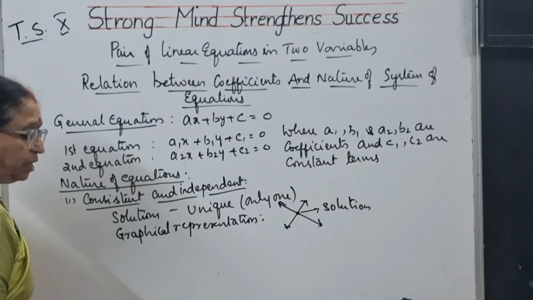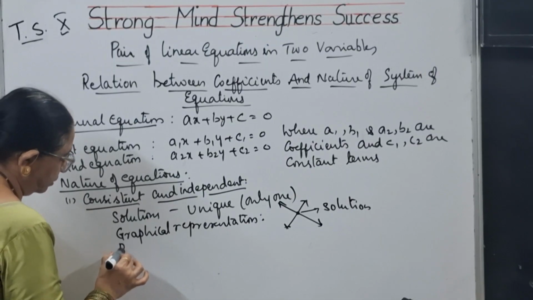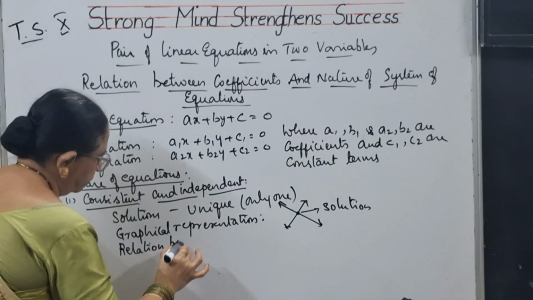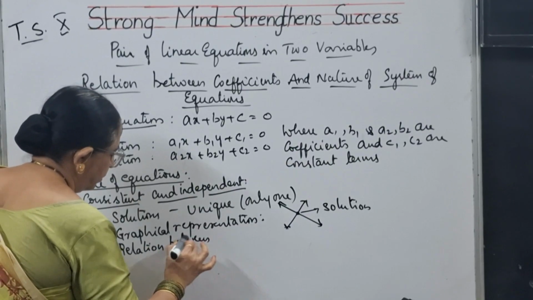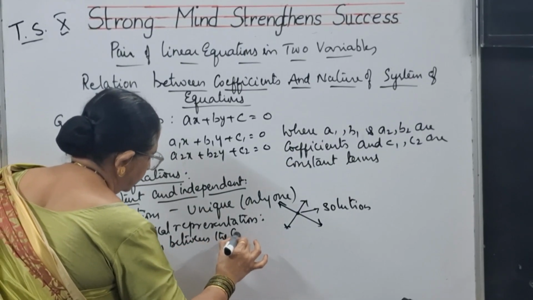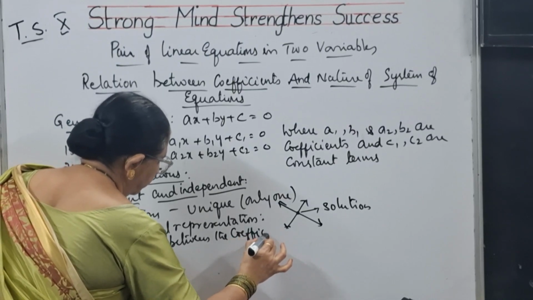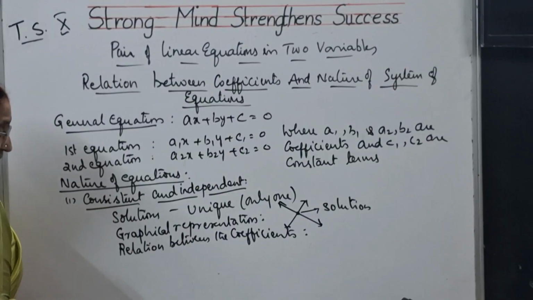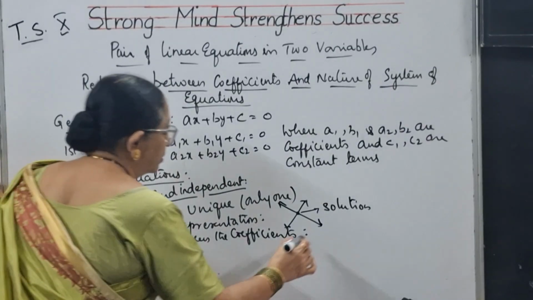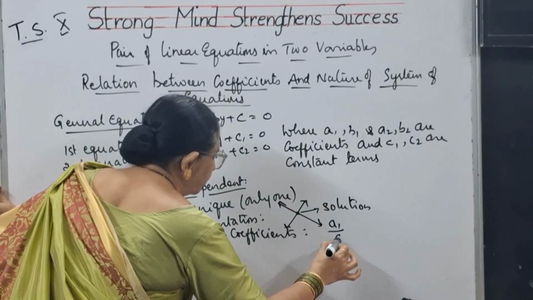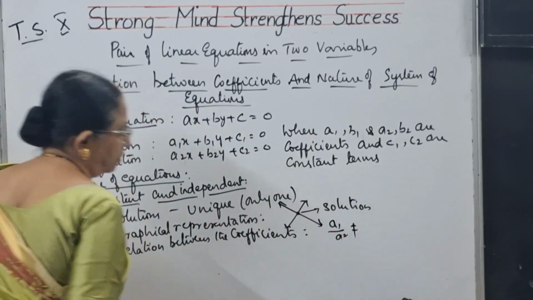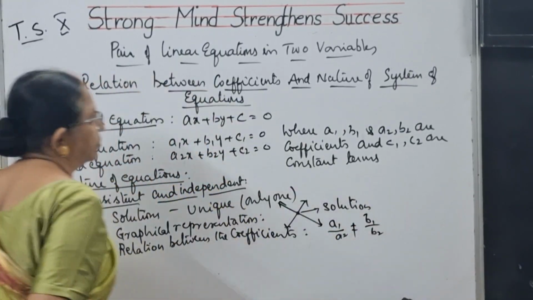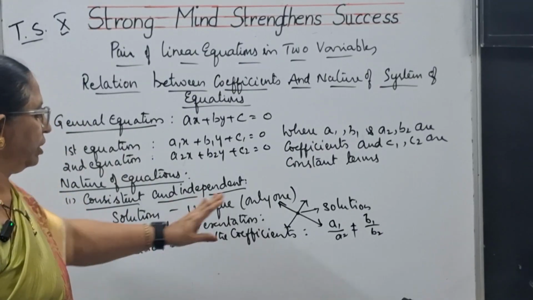Now what we are going to talk about? The relation between the coefficients. What is the relation that you will be getting for this type of consistent and independent equations? It is a1 by a2 is not equal to b1 by b2. This is the relation that you are getting.